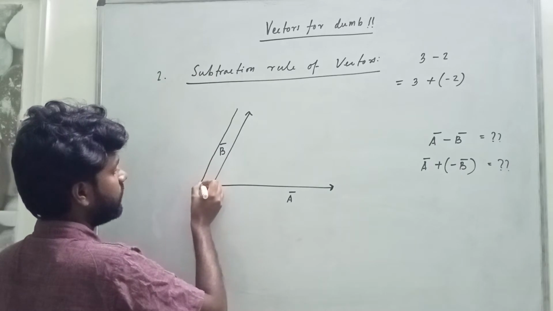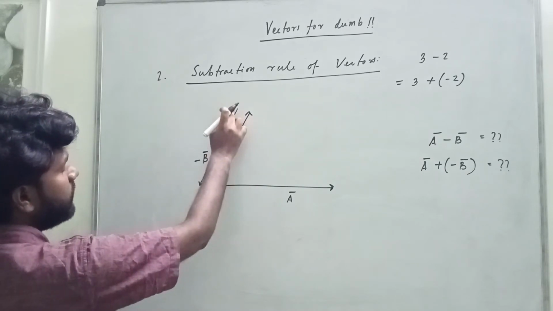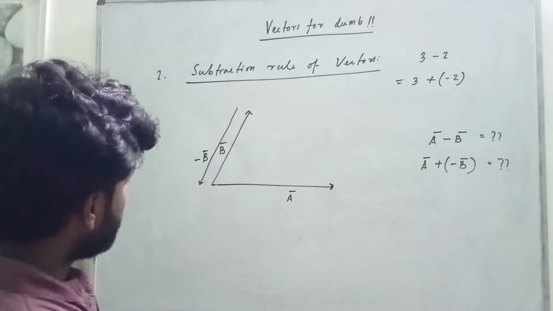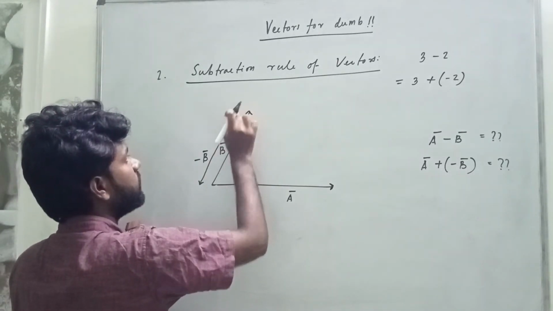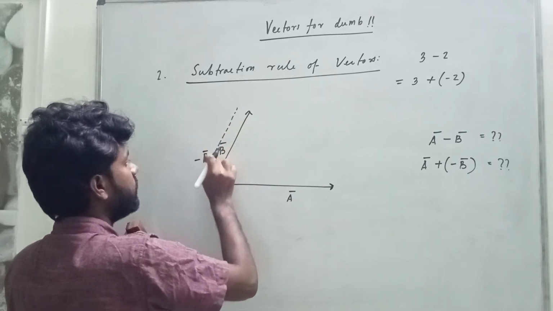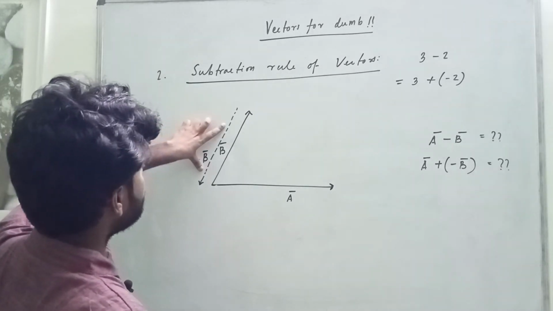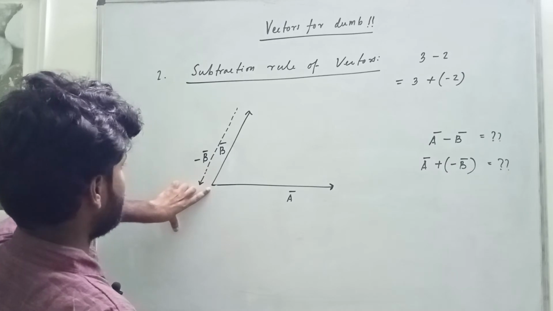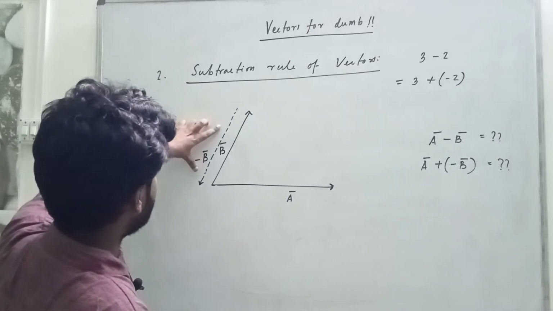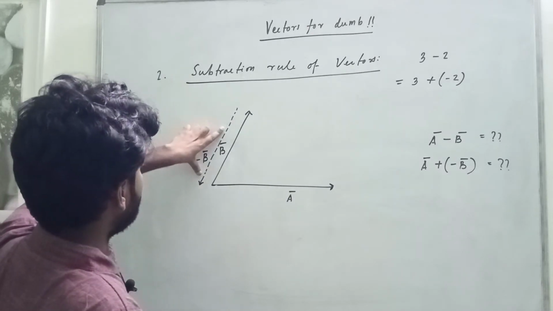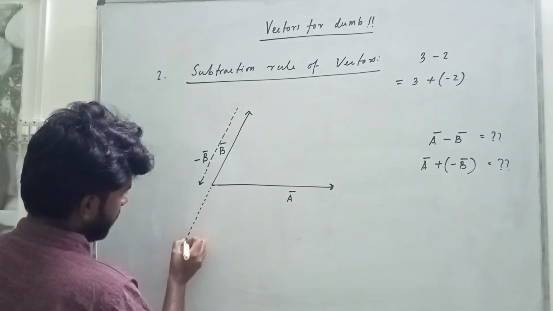So it is our minus B. I just put a dotted line here. This is minus B, and obviously we just transfer this minus B from here to there, just a parallel transformation, all of you know. Just translate this minus B from here to there.